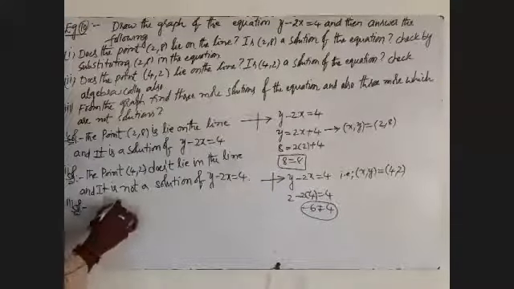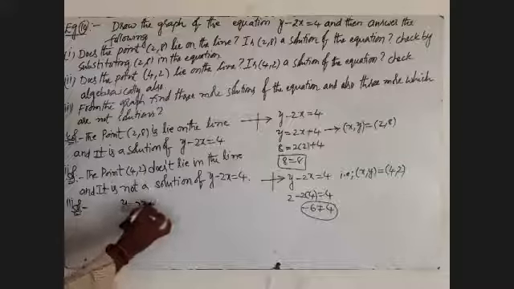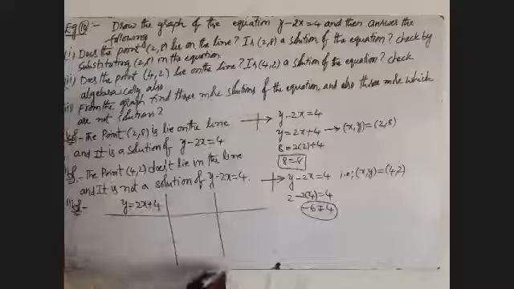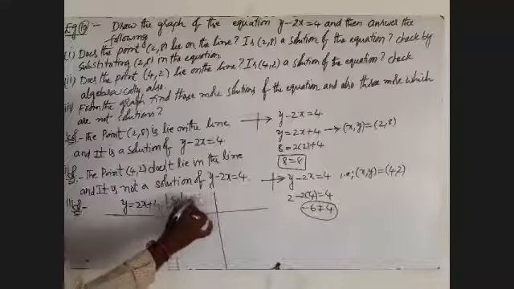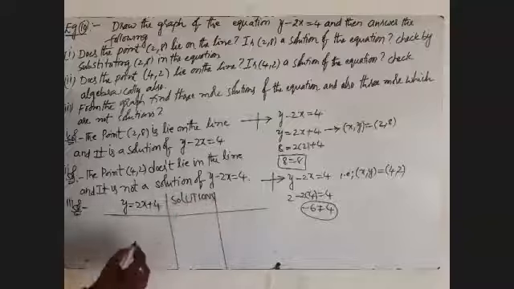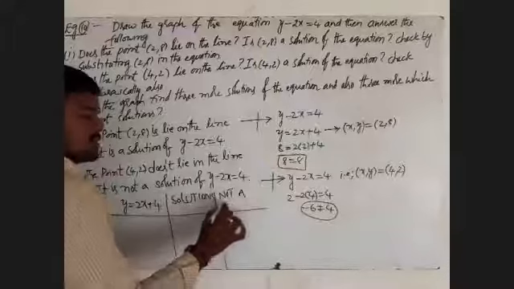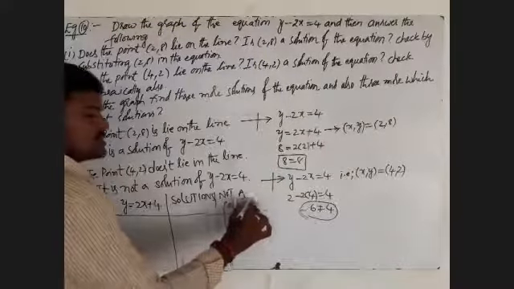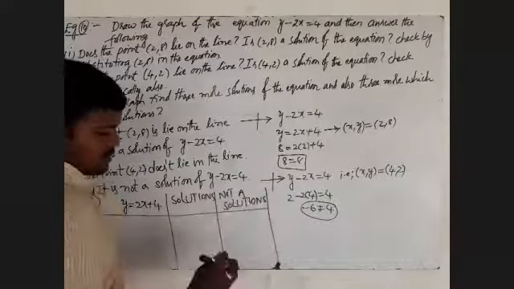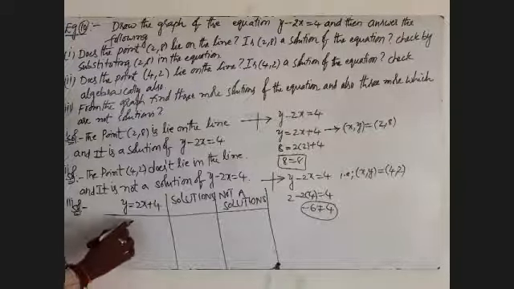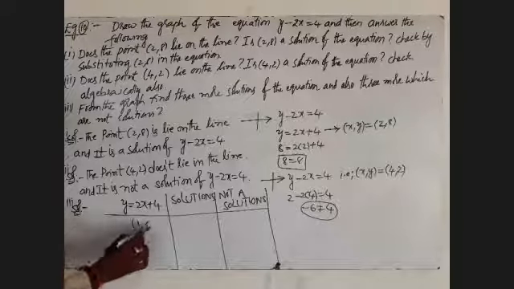The given equation is y is equal to 2x plus 4, which points are solutions and which are not solutions. We'll observe. I will take the point 1 comma 6.